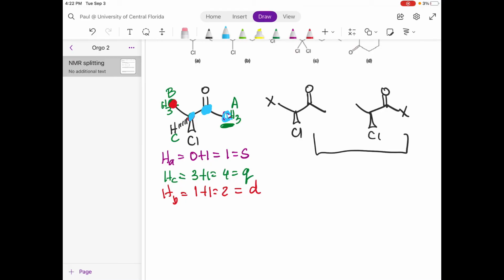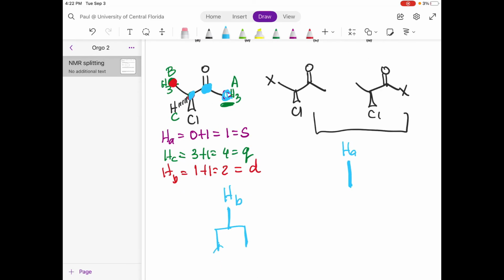Okay, so HA has a signal, and that's represented by that line. That's the NMR signal. Now, its adjacent carbon has no hydrogen, so it's not going to get split. It's just going to stay as a singlet, or one signal. But when we take a look at HB, HB would give us a signal, but that signal is going to get split into a doublet because HC is going to take that signal and split it into a doublet.